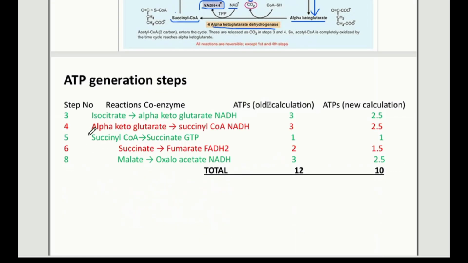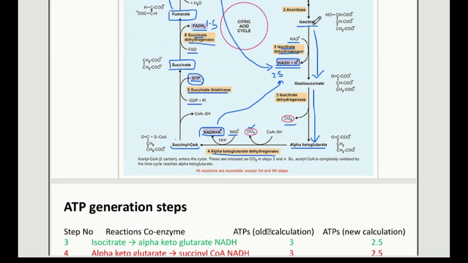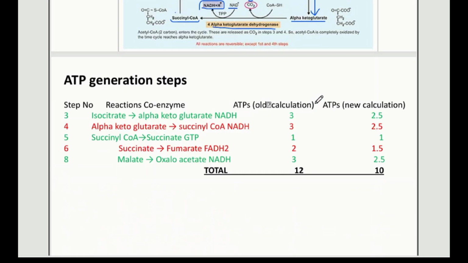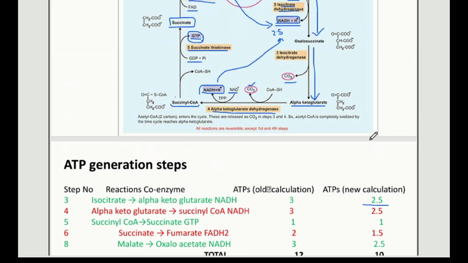So from step number 3, means isocitrate to oxalosuccinate, we are getting 2.5 ATPs. From alpha ketoglutarate to succinyl CoA, that is step number 4, we are getting 2.5 ATPs. From succinyl CoA to succinate, we are getting GTP, in the form of ATP. So 1 ATP we are getting here.